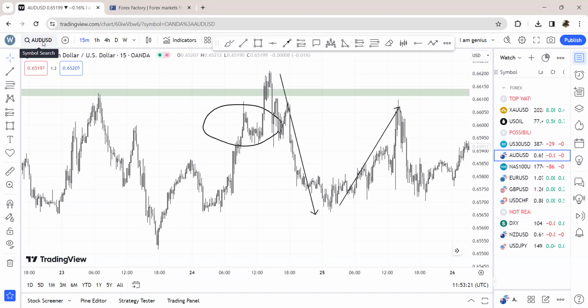If it's negative, then we should see a downward move. But if it's a quote currency, that means if the quote currency is showing that it's positive, like in our case, we expect a downward move here. But if it's negative, we expect an upward move because it's like two economies are competing.